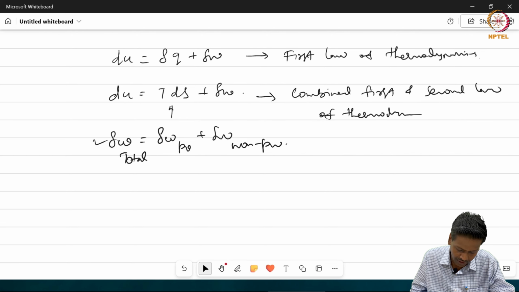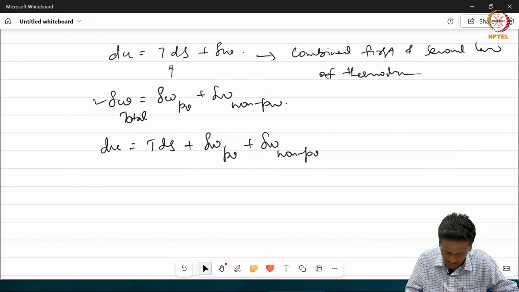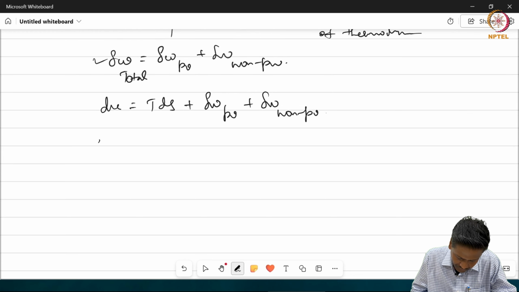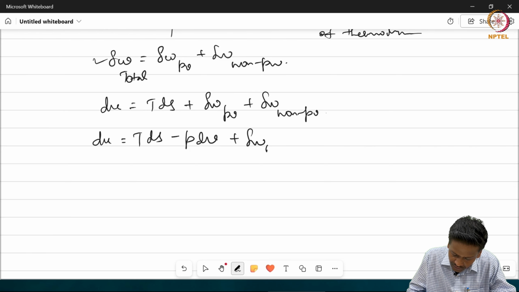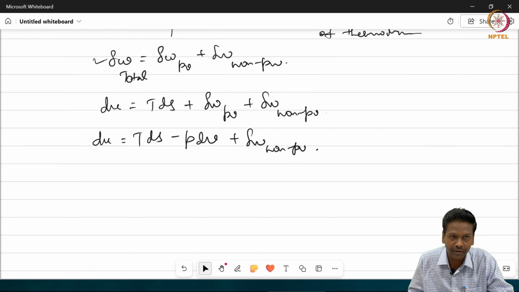So if I substitute this into the equation, for a reversible system the work associated with the PV term is minus PdV, plus δW non-PV. The minus sign takes care of the sign convention: if work is done by the system it should be negative, and on the system positive.